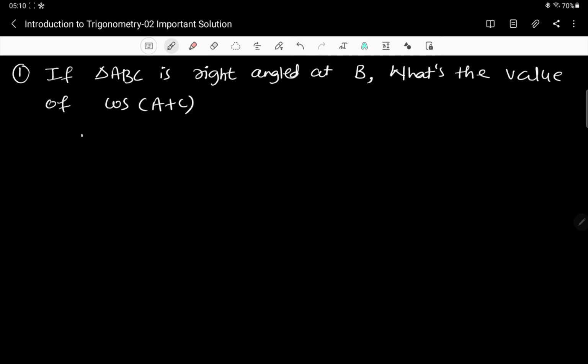All right, so here I have got one right triangle, right angled at B, that means this must be B, and this is ABC. So this is 90 degrees. Now they are asking us to find cos of A plus C. What are the values of A and C? A plus C, this will be 90, no?